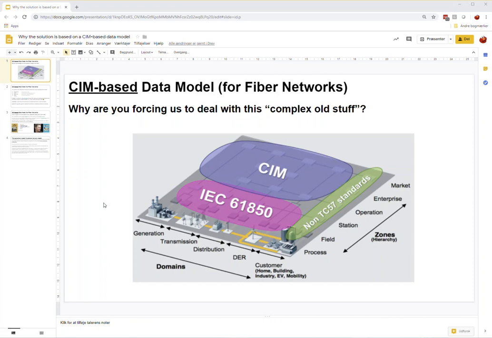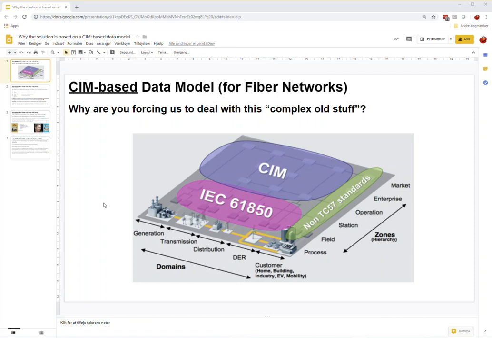Because what CIM does is it divides things up. It divides the complexity up, as I will show in some other slide, and that makes it much easier to avoid that the system becomes an entangled mess that no one can maintain anymore.